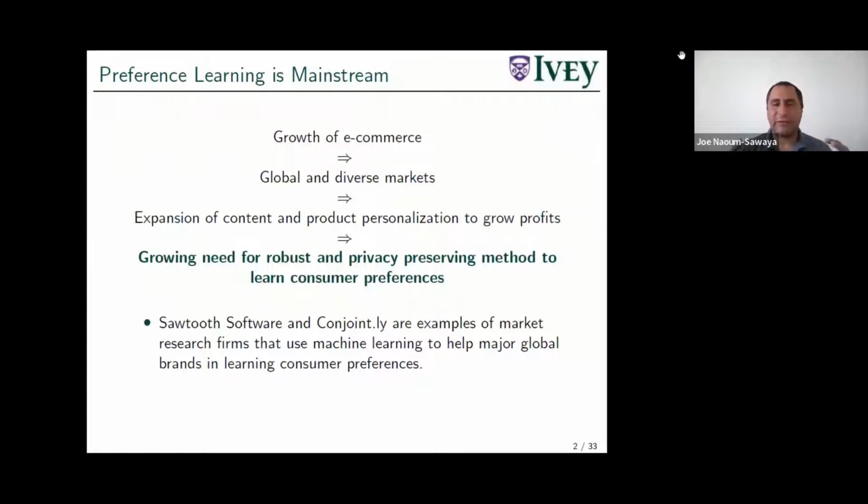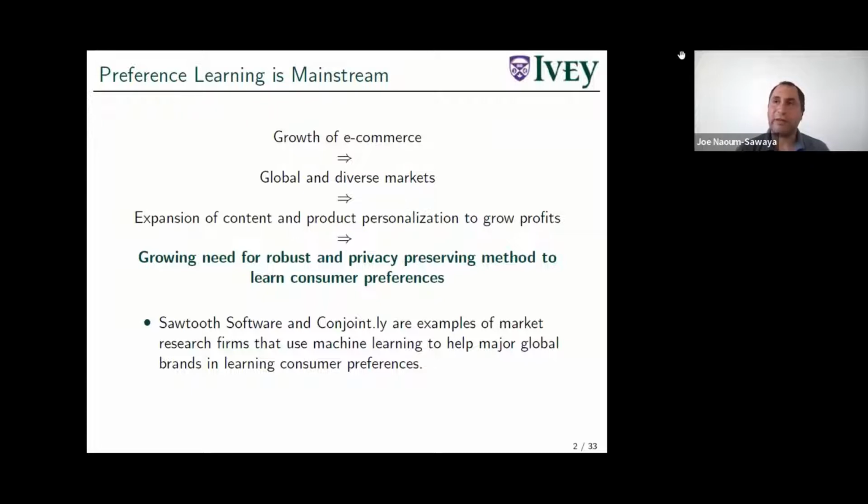And besides this idea of accurately learning consumer preferences, that's nothing new. It's been over 40, 50 years where there has been work on preference learning and models for preference learning. What is probably newer in the last few years is something to do with more privacy preserving methods.